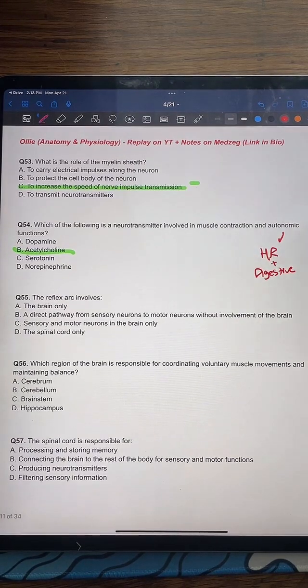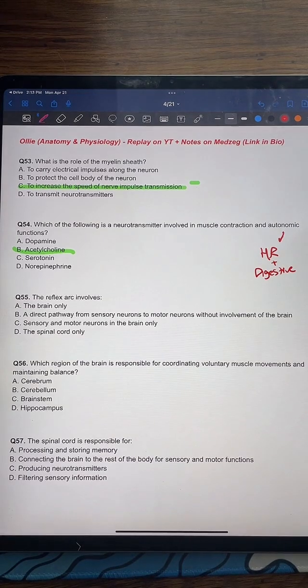Number 55. The reflex arc involves. Awesome.